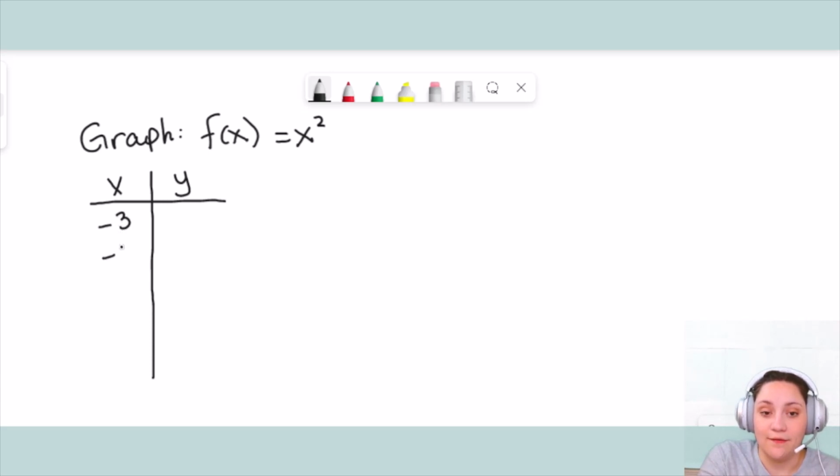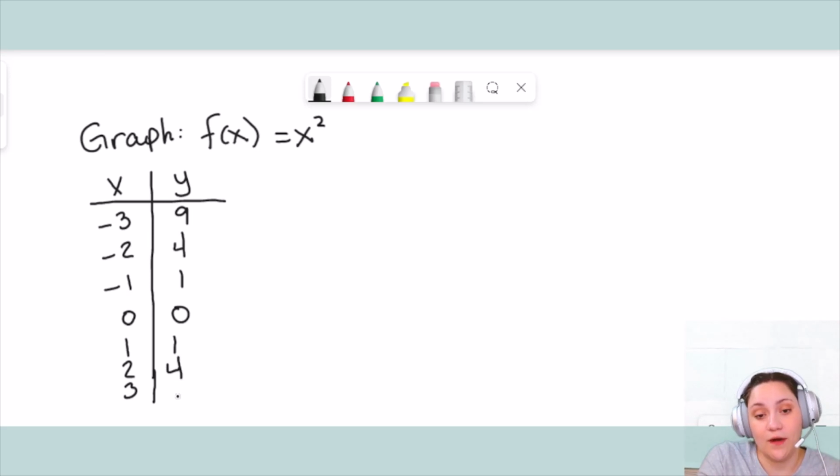So I'm going to put -3, -2, -1, 0, 1, 2, and 3. So -3 squared is positive 9, -2 squared is positive 4, -1 squared is 1, 0 squared is 0, 1 squared is 1, 2 squared is 4, and 3 squared is 9.